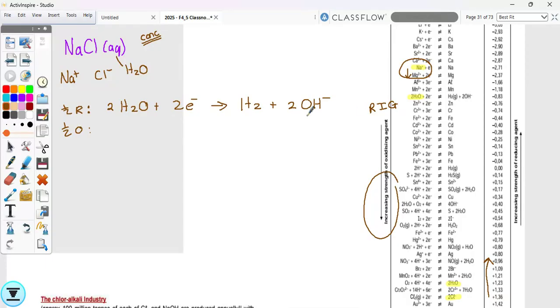It's the water that reacts. On our oxidation side, can you see? It's not going to be the water because Cl is now stronger. So it's going to be the Cl minus. It's the two Cl minuses that form Cl2 plus 2 electrons.